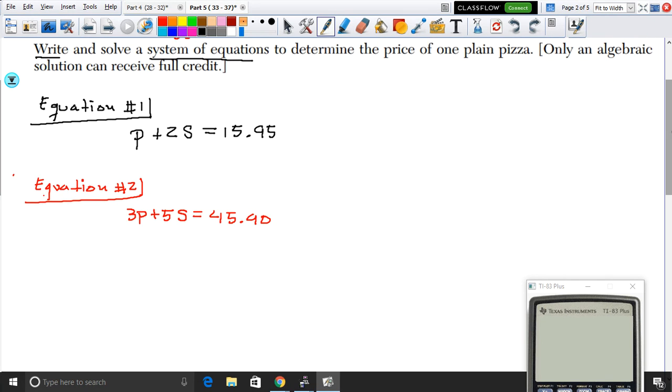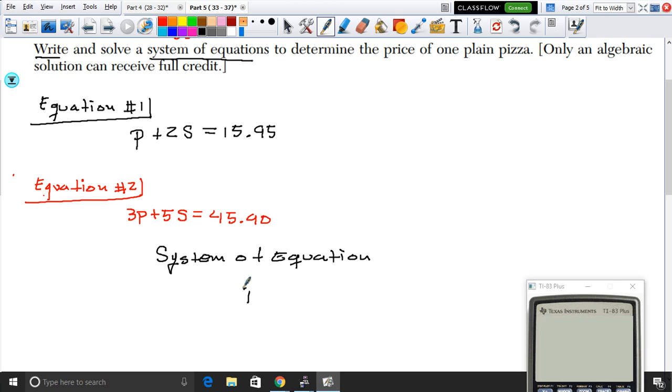A system of equations, what they mean is, if you have created two individual equations, just put them together, and that's what we're going to call a system of equations.